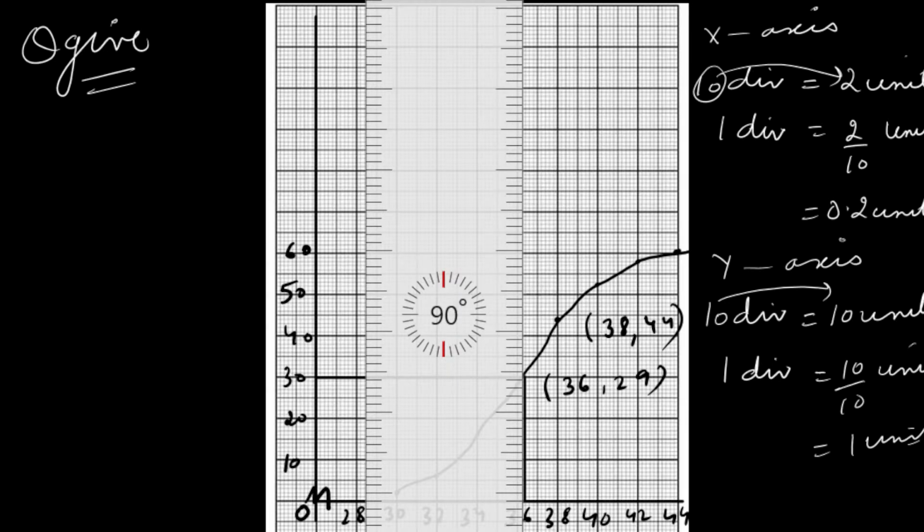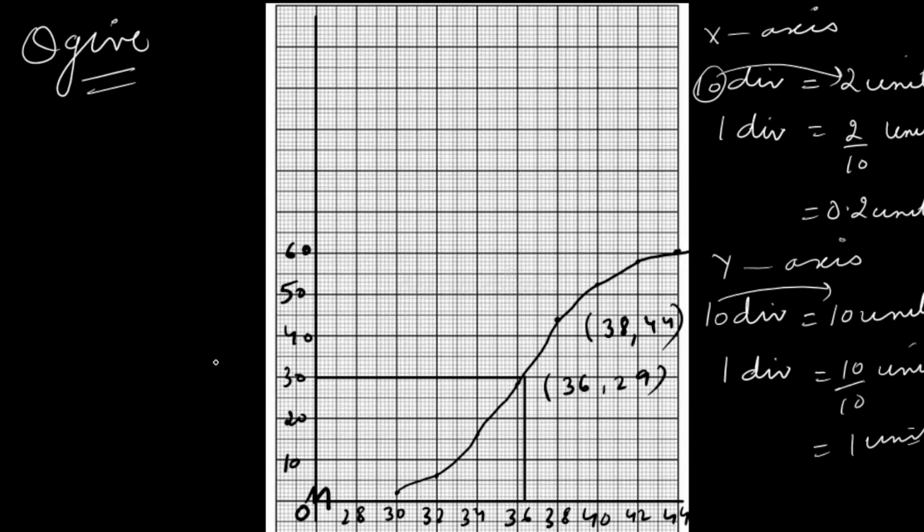First find N by 2, which we got as 30. Then from 30 draw a horizontal line to meet the curve, then a vertical line to meet the x-axis. Where it meets the x-axis, that point is the median.